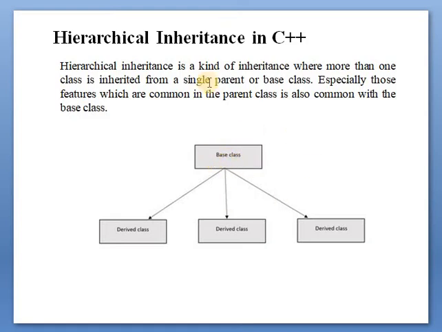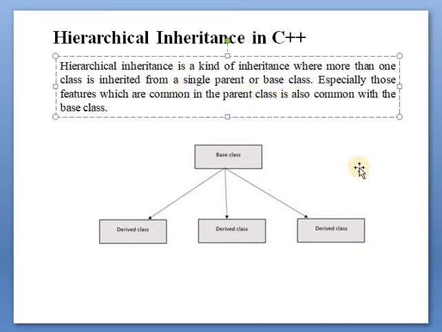So here is the diagram: here is the base class, and by using this base class we can derive more than one derived class, that is derived class 1, 2 and 3. It is hierarchical inheritance.